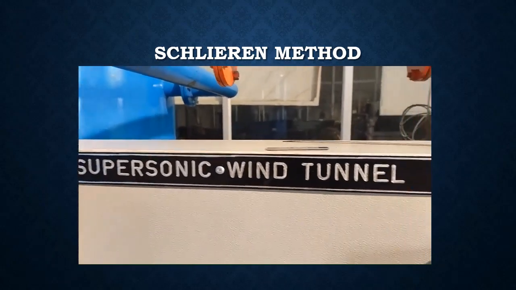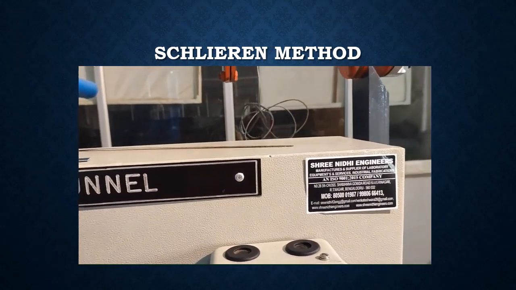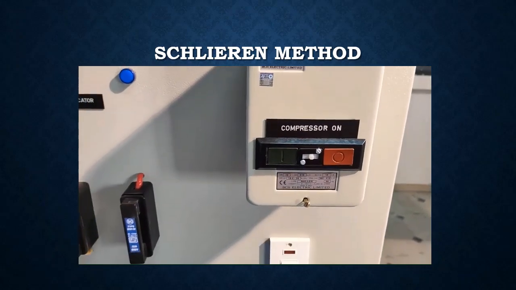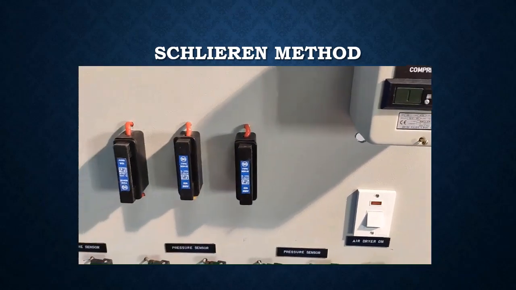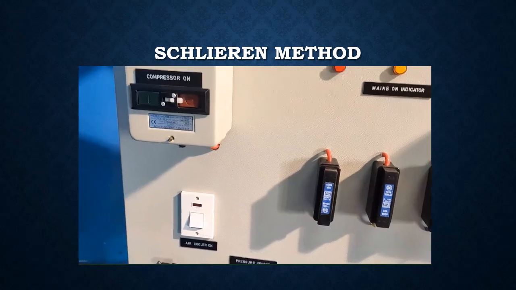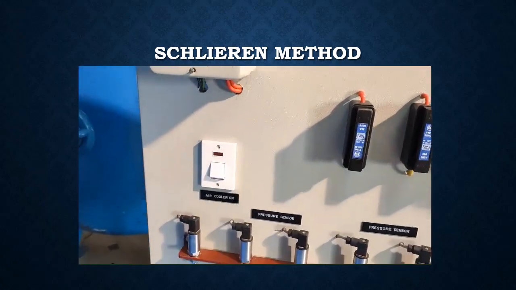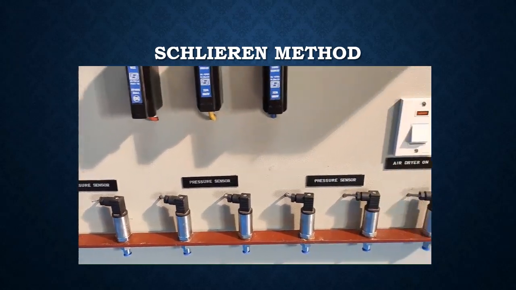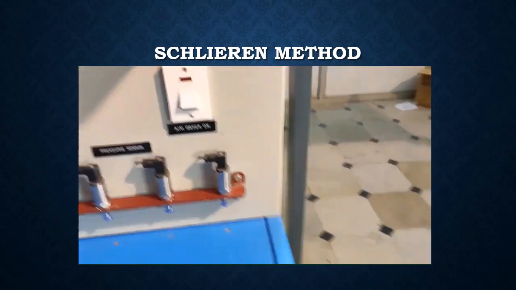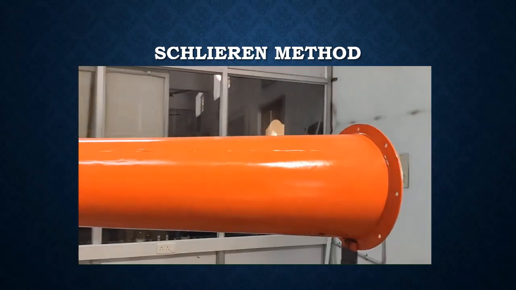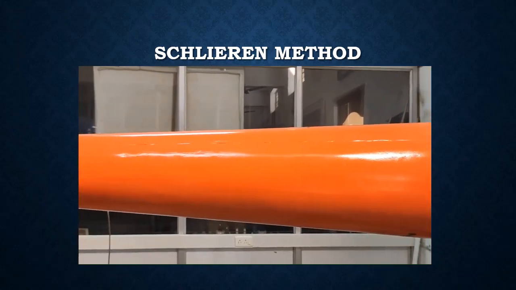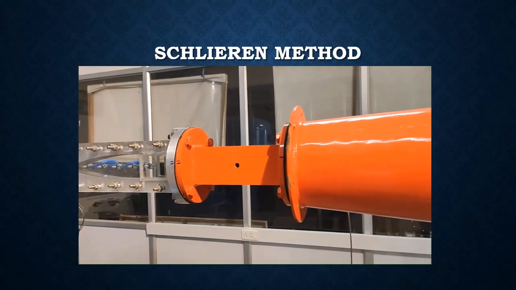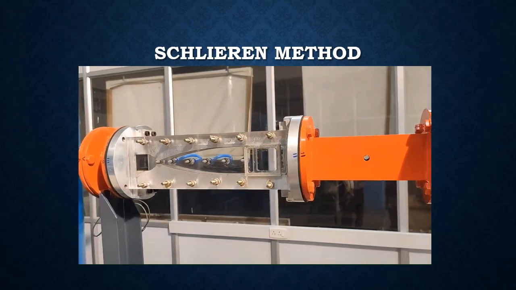We have a multi-stage compressor, and then we have pressure sensors, that is, pressure transducers. There are 8 pressure transducers. One is recorded ahead of the test section, others are in the nozzle section, and another is behind the test section, where we measure the minimum stagnation pressure.